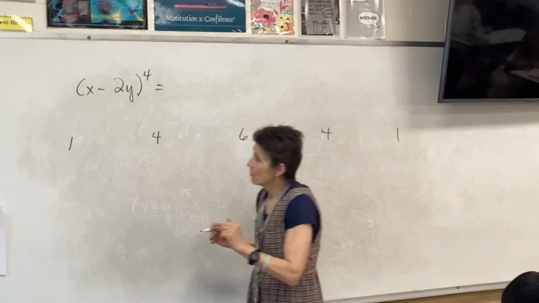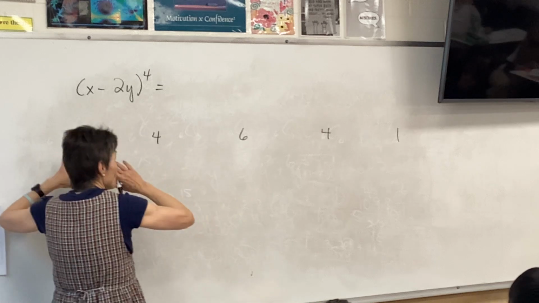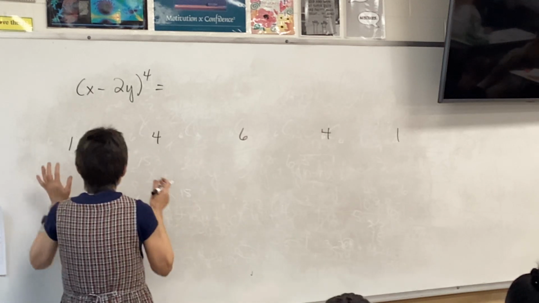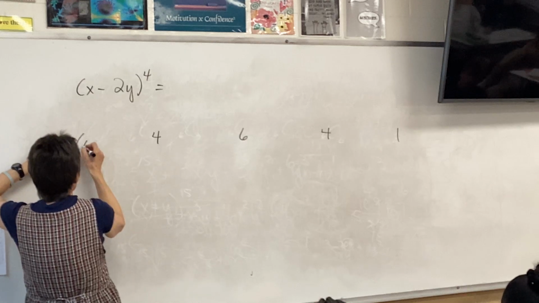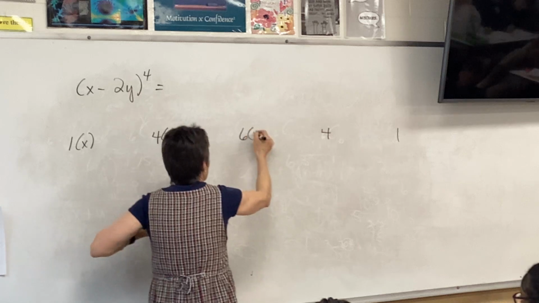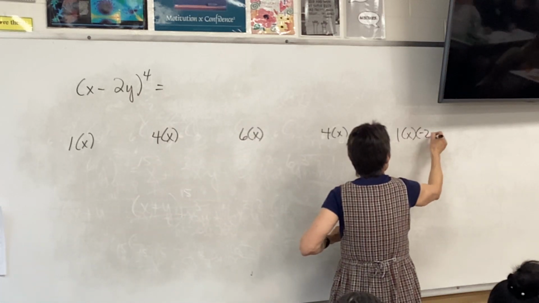Now, in the one I did earlier up here at the top, it was just a plain X and a plain Y, so that was easy. This one is not so easy. It's a plain X, but it's a negative 2Y.